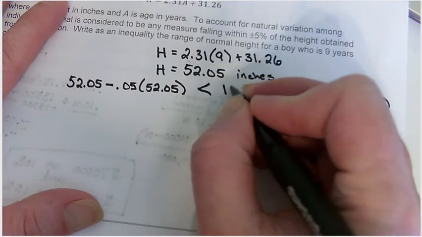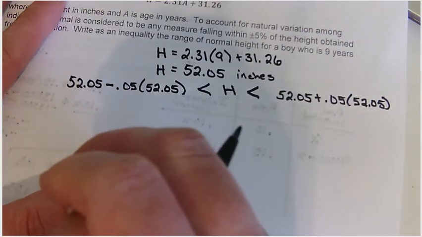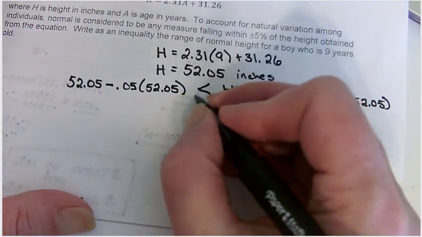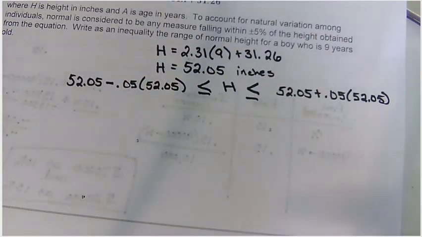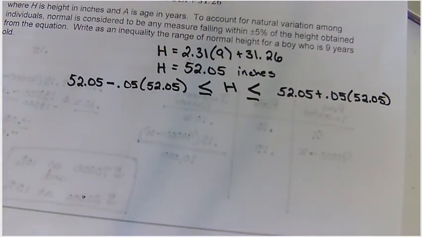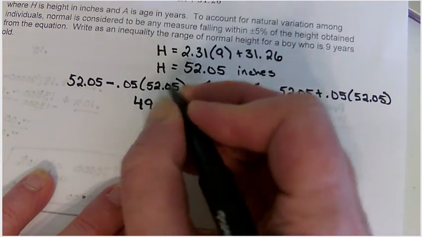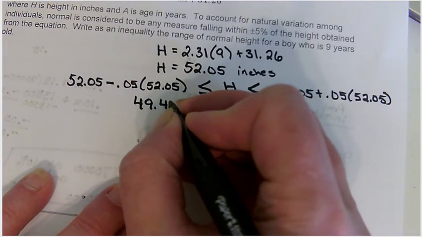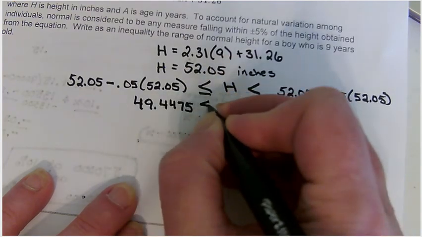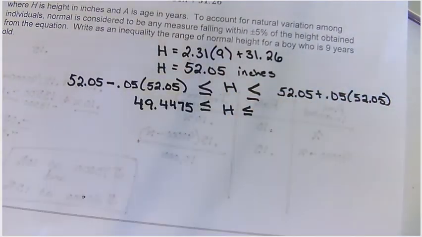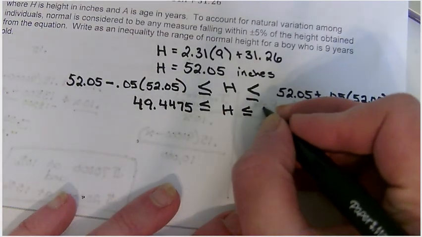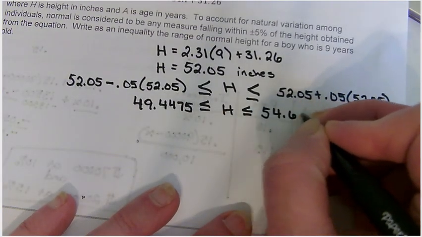And my true height would be between those values. Now, could it be equal to those? Sure. But those would be how I found the boundaries. So down here I got 49.4475. And then the other one, the upper boundary for the height would be 54.6525.